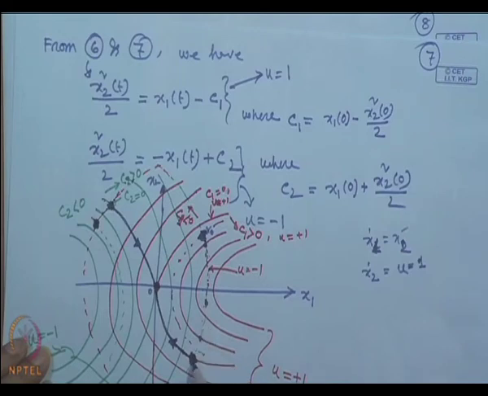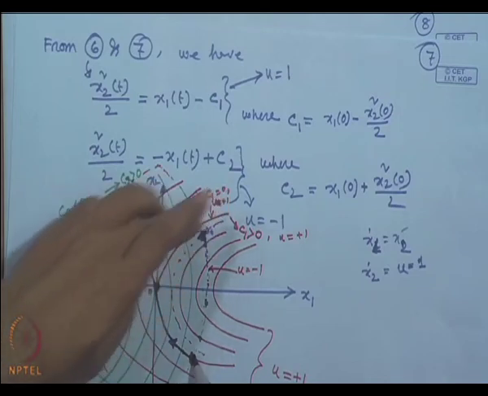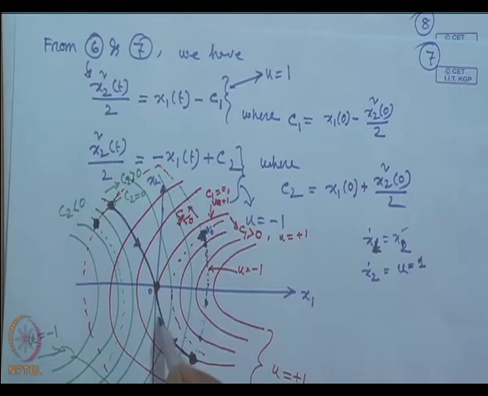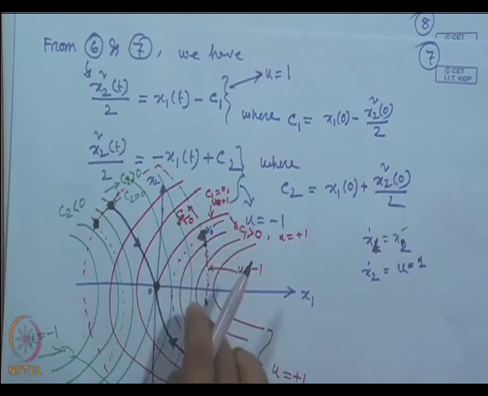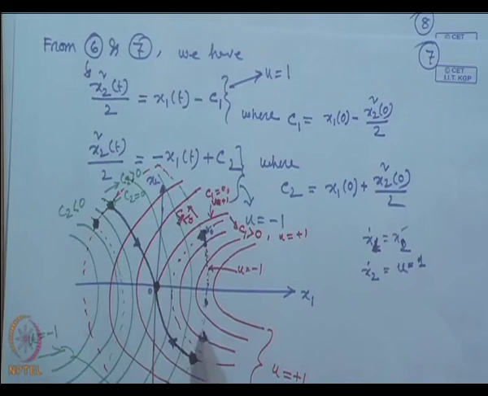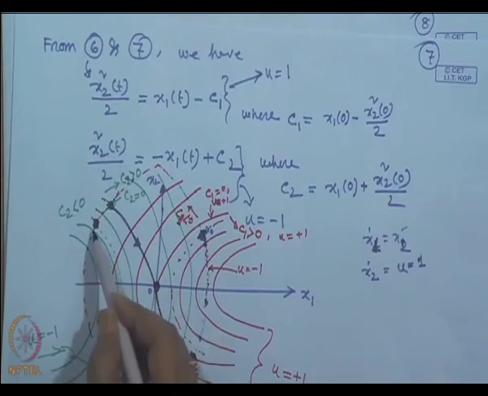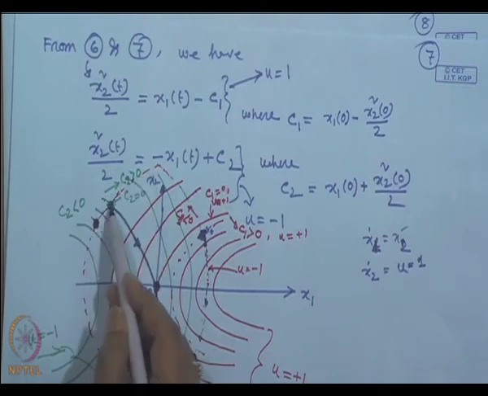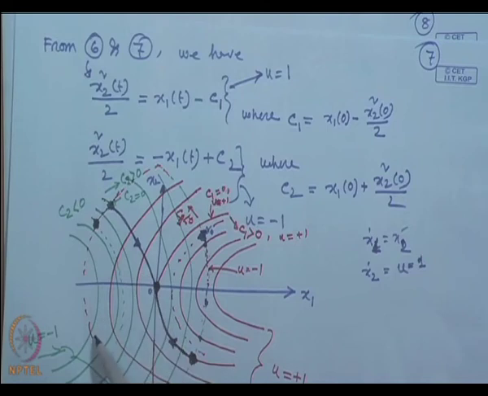As soon as it hits the switching curve, u is equal to plus 1 is switched in, it will follow along this curve and reach the origin. If it is here, again it will switch to minus 1 first and then it will switch to a plus 1 control input. Anywhere here it will first switch to u is equal to plus 1 and then switch to u is equal to minus 1.